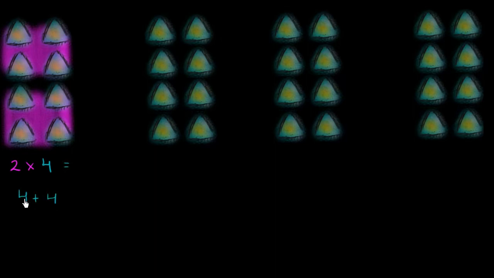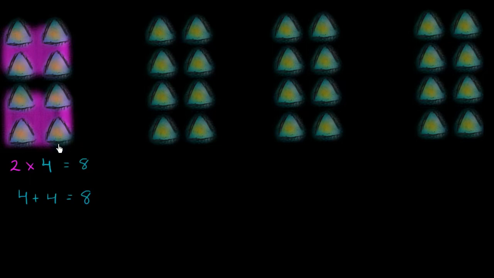Notice I have two 4's here. I have 4 plus another 4, which is going to be equal to, well, if I have 4 plus 4, or if I have two groups of 4, either way, I'm going to have a total of 8 things. And you see that right over here. We have 1, 2, 3, 4, 5, 6, 7, 8 things.